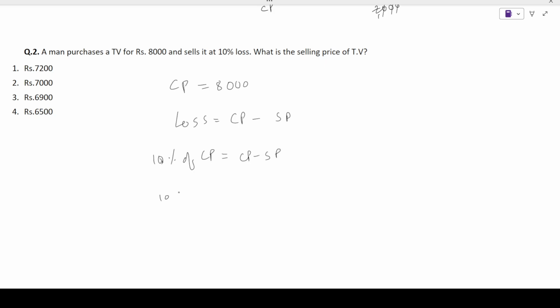So 10 by 100 of 8000 is equal to 8000 minus selling price. Transferring, we get selling price is equal to 8000 minus 800, which is 7200 rupees, which is option 1 in this question.